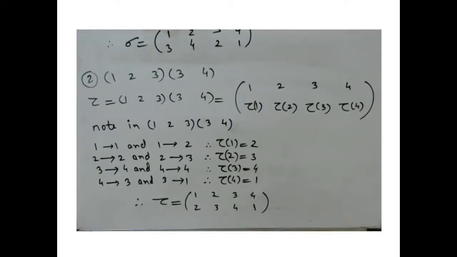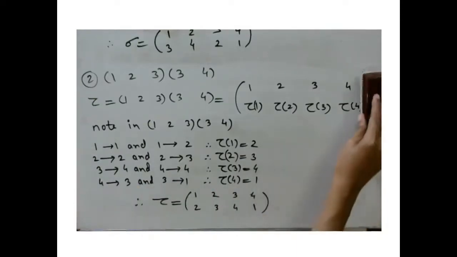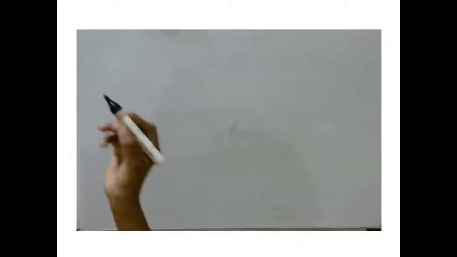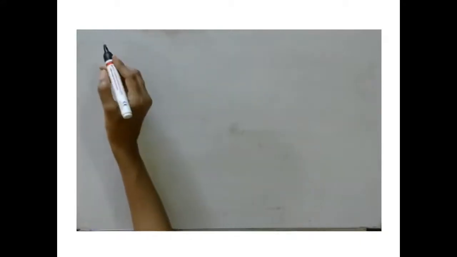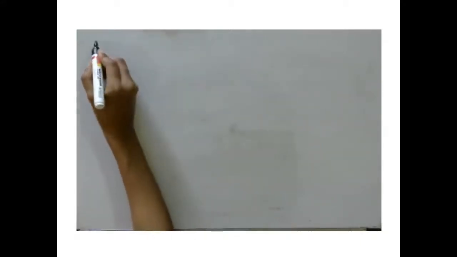So with the help of these two examples, I hope that you have understood how to write a cyclic permutation in standard format. For your practice, let me take a few more examples which you can do by yourself. Let us consider the examples from S5.